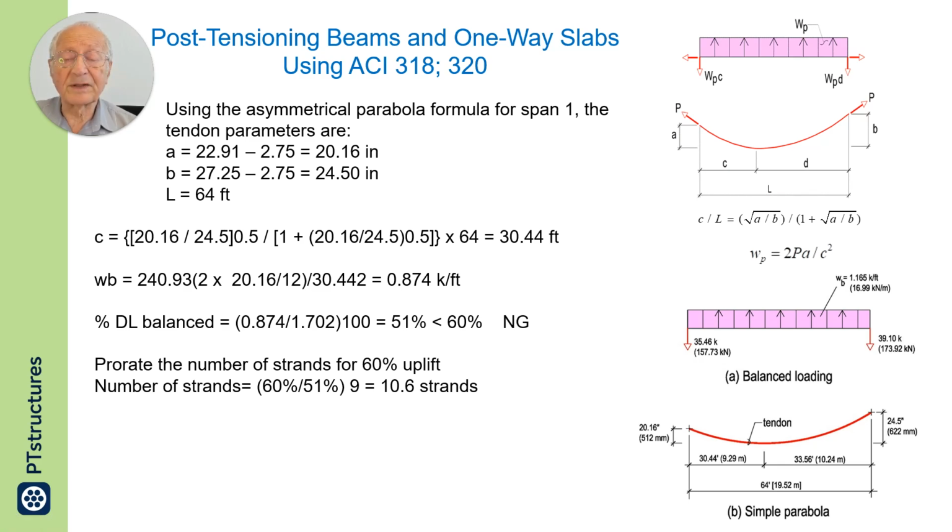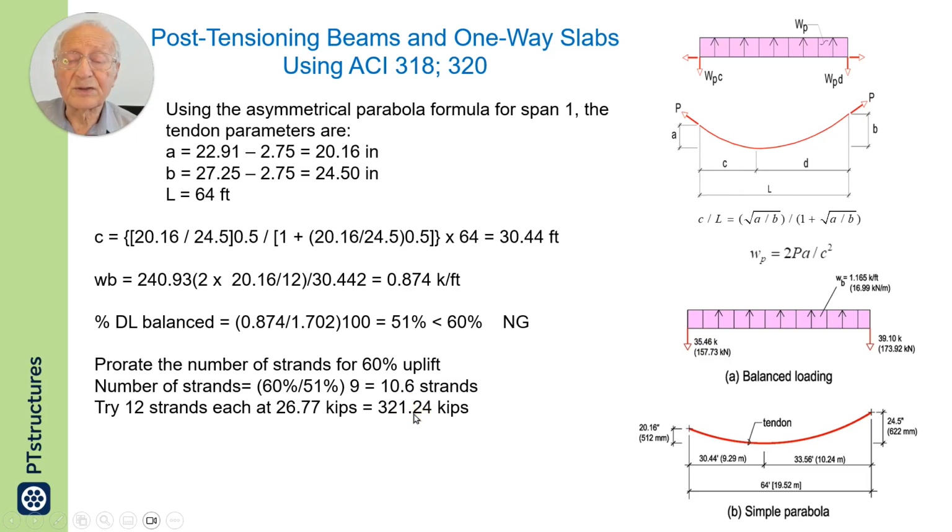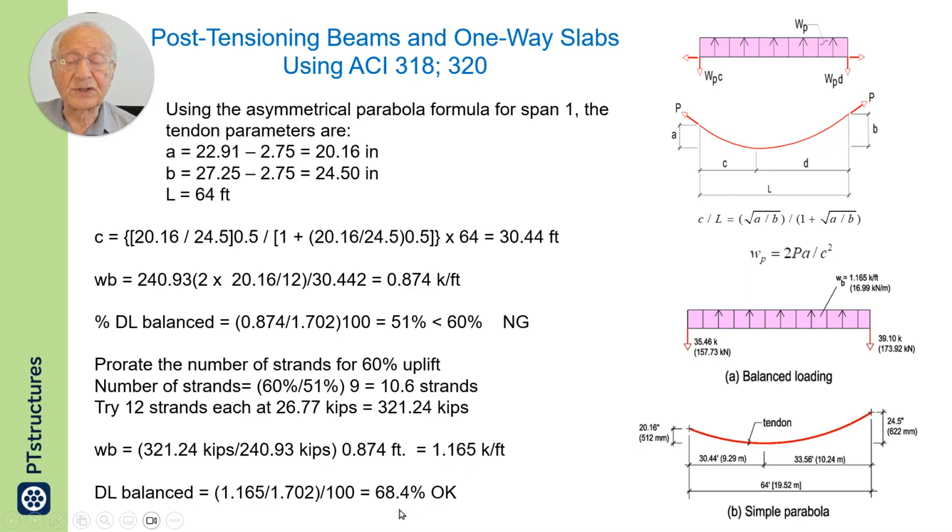To arrive at 60%, I need to go to 10.6 strands, which wouldn't work because it's a fraction. So I select 12 strands. 12 strands will give me this uplift, which is 68%.